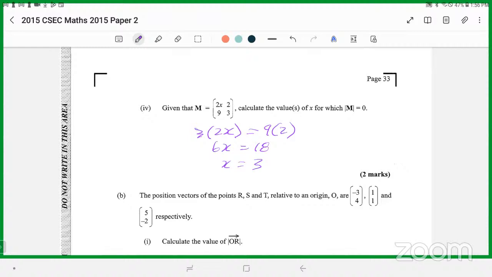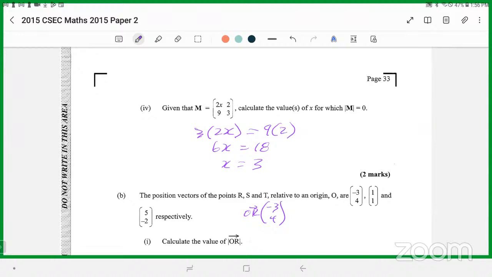Done. Next part says, position vectors R, S, and T relative to origin O are these. So this one is OR, this one is OT, this one is OS. No, this one is OS. Let me write them out. I don't want to take anything for granted. So the OR matrix is the first one: (-3, 4).